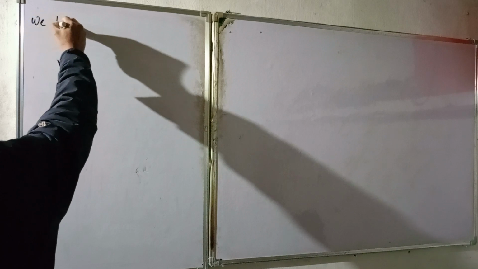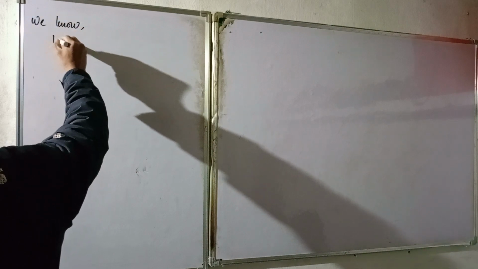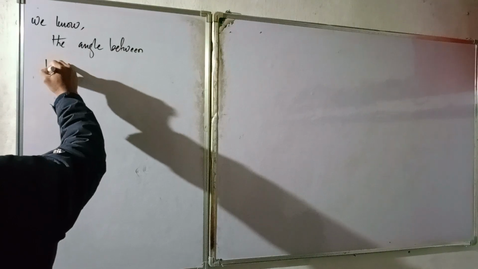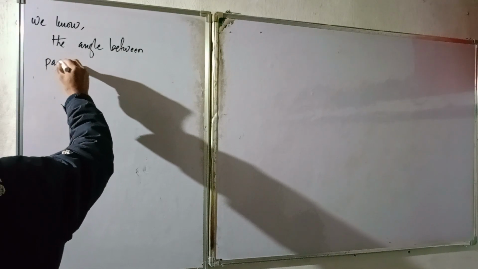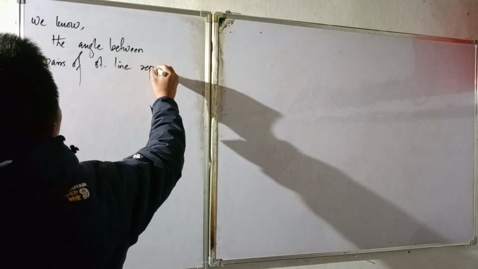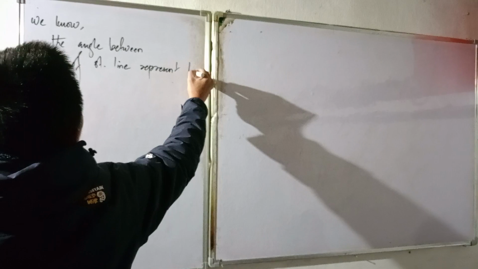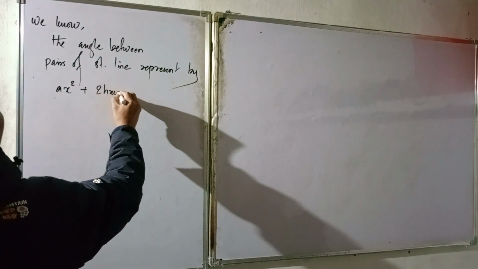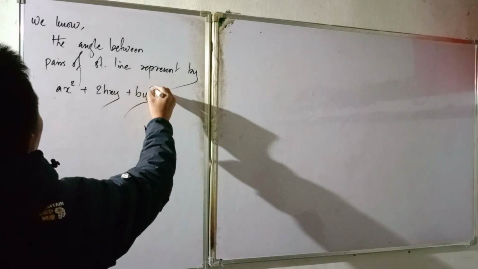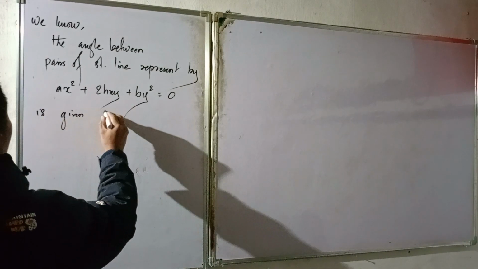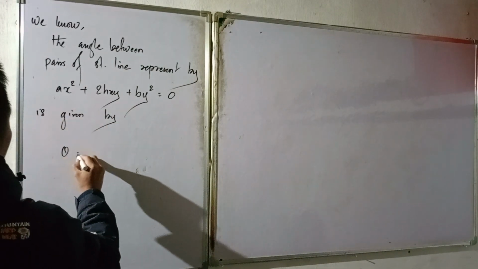We know the angle between the pair of straight lines represented by ax squared plus 2hxy plus by squared equals 0 is given by theta equals tan inverse.